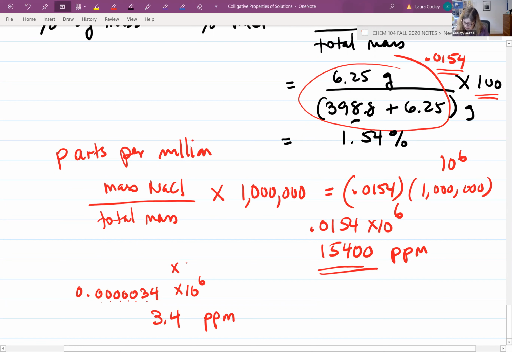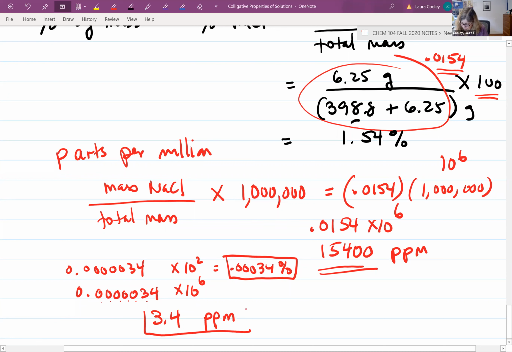If you express that as a percent, it would be 0.00034%. And that's not a very convenient number. You'd much rather say 3.4 parts per million than 0.00034%.